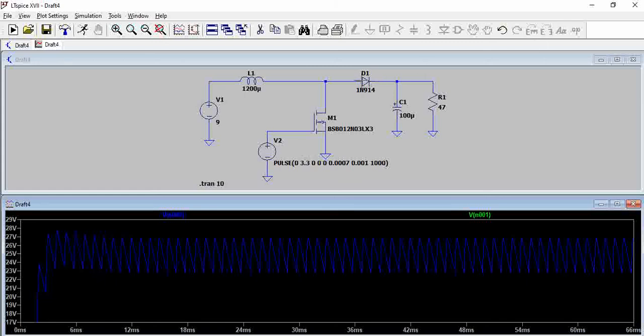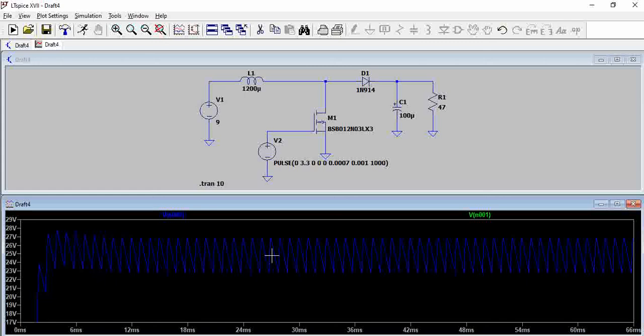Also, instead of this diode, some people might use another MOSFET switch as well. That's another configuration, which works in sync with this MOSFET. So that's how it can be designed. Another important point is that the ripple voltage has to be defined beforehand, and the design happens based on that criteria.